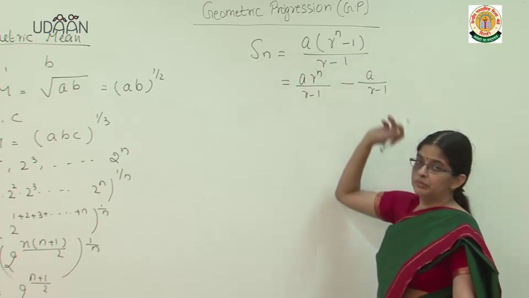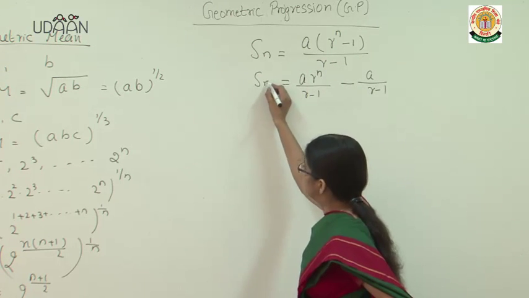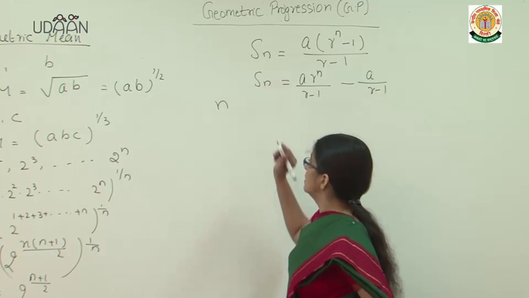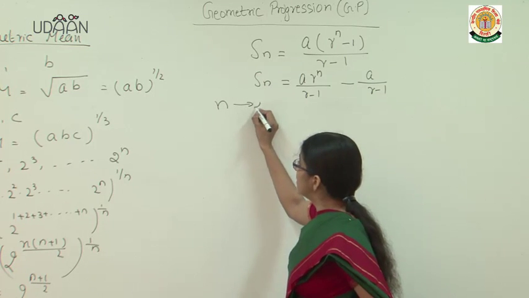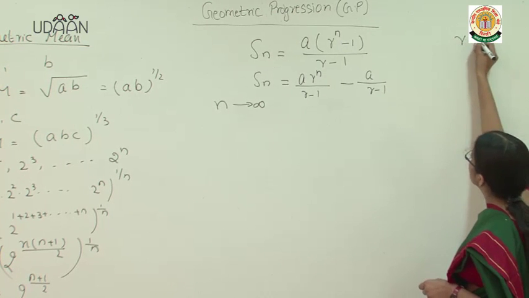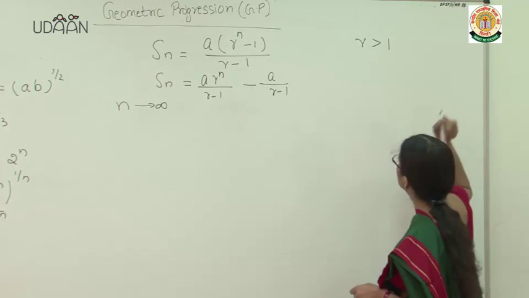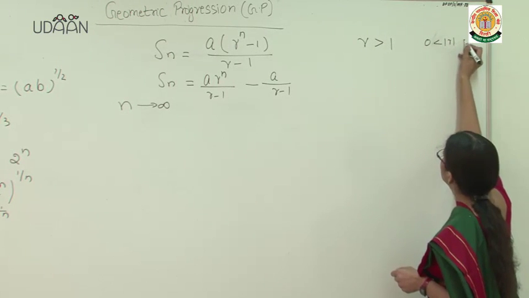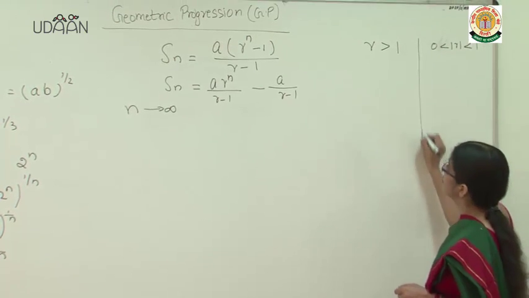I have just opened the bracket. It is Sn. Can you say what happens to this Sn when n tends to infinity? In fact, two possibilities are there. If the common ratio r is greater than 1 or if the common ratio r lies between 0 and 1.